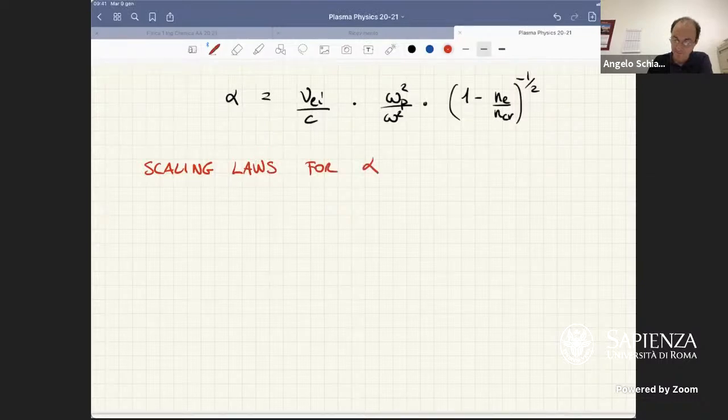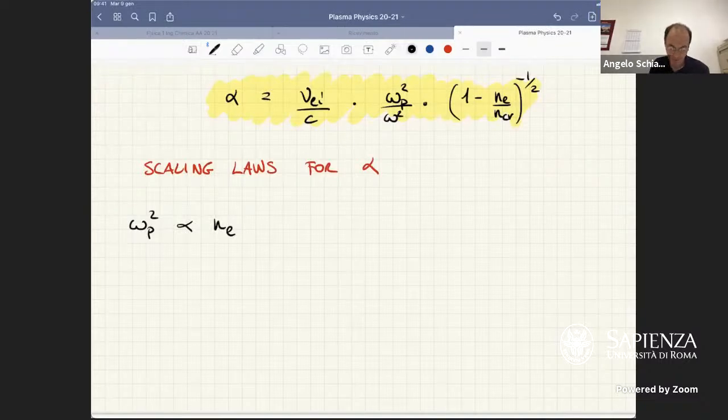For alpha, where alpha is our attenuation coefficient. So let's remember that omega plasma goes as Ne, the electron density.